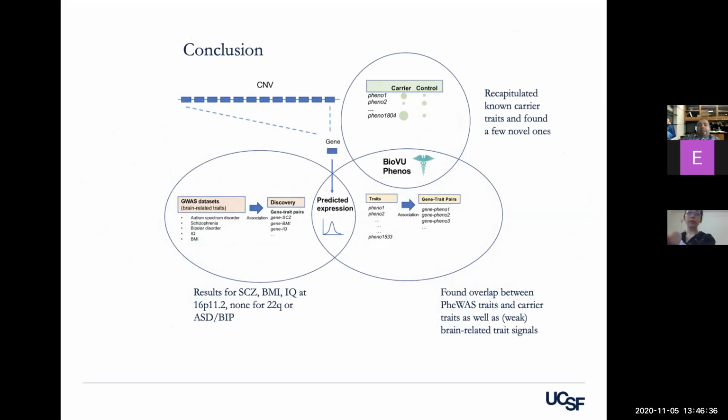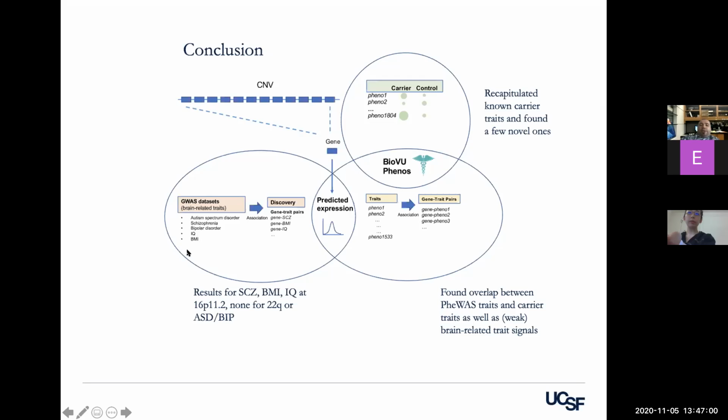To sum up, this is how we integrated the various data sets. So again, we were motivated by these copy number variant regions that are deleted or duplicated in people, and we want to study the effect of each individual gene.